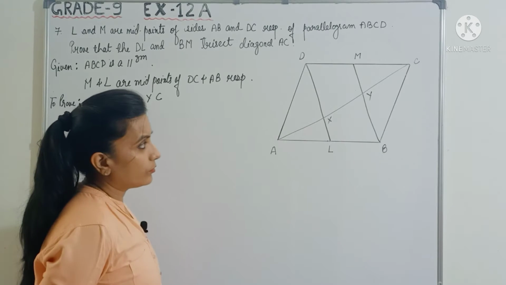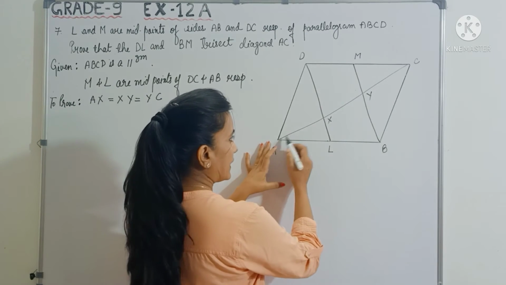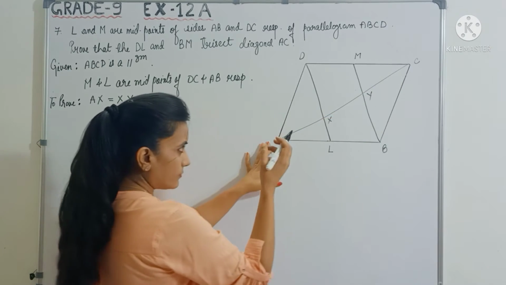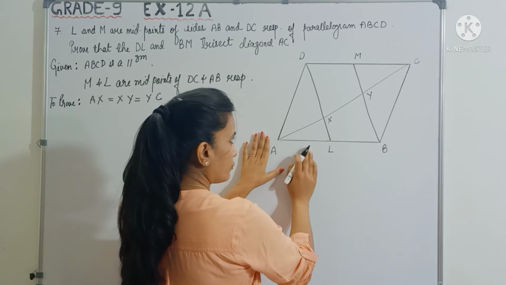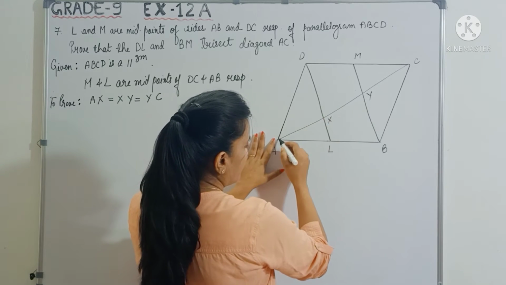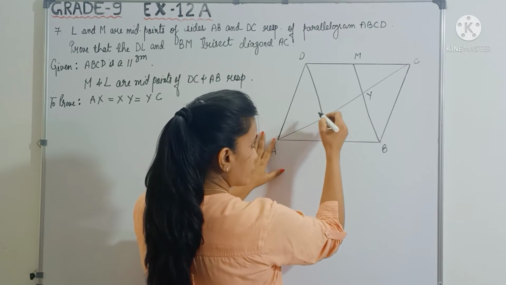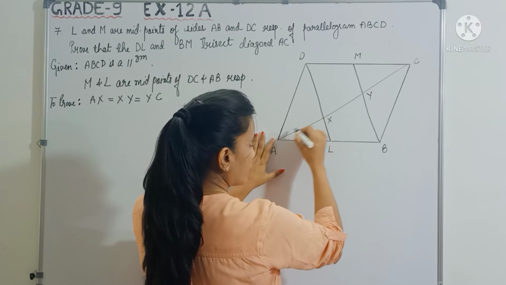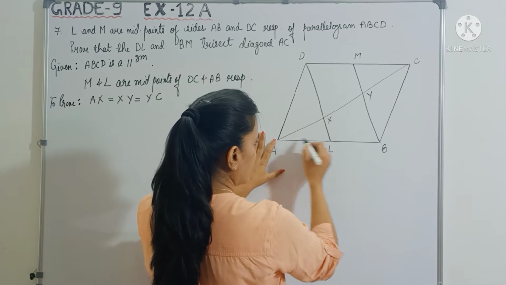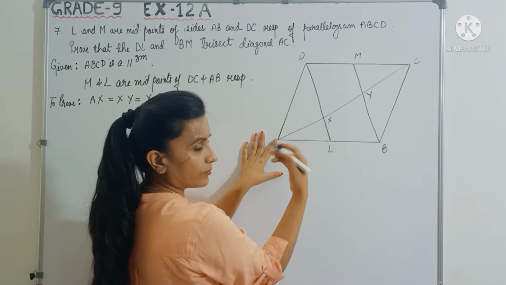Now how do we think about this question? You have to show that AX is equal to XY is equal to YC. Let's say I want to show first that AX is equal to XY. It means I should show that X is the midpoint of AY. So let's take triangle AYB and see what information I have.